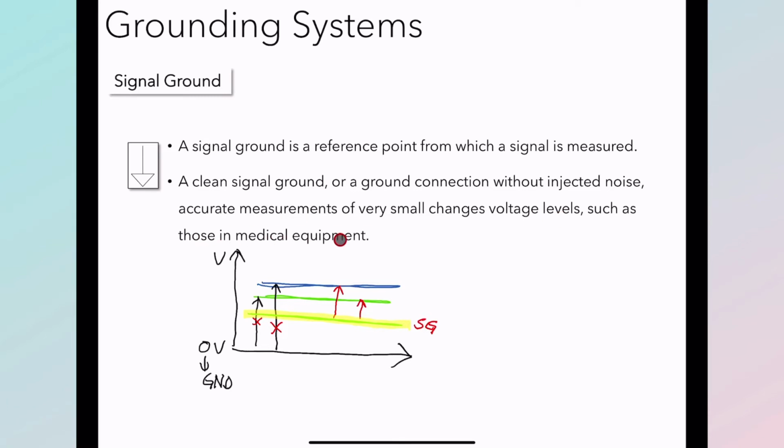We need very small voltage changes to be measured, like in the electrical activity of the heart, or if we are studying brain waves. So very subtle changes in the voltage levels are very important. In such equipment where these small changes are to be measured accurately, this type of grounding is provided.